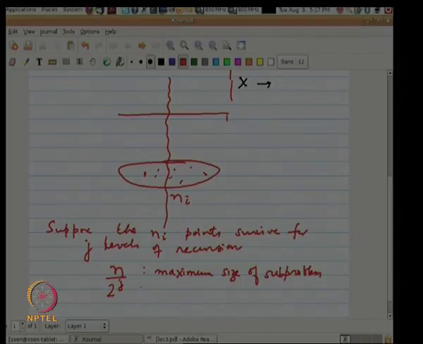So, if it has to survive j recursions, then this should exceed the cluster size, or in other words, j should be smaller than or equal to log of n over n sub I.